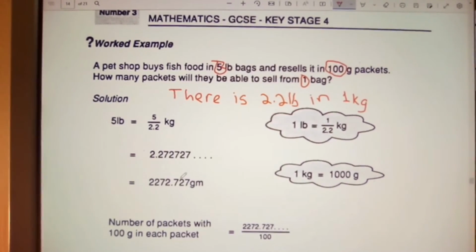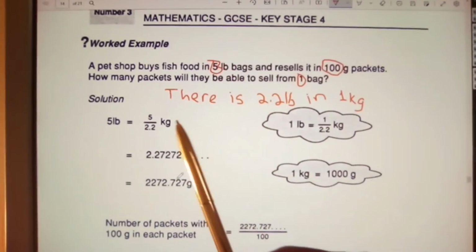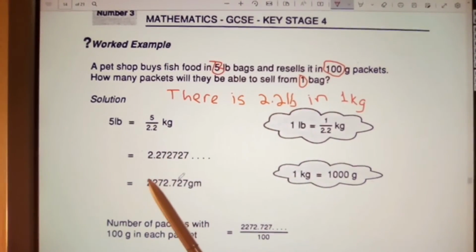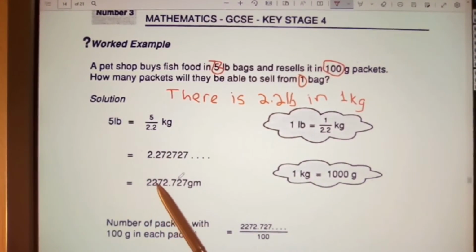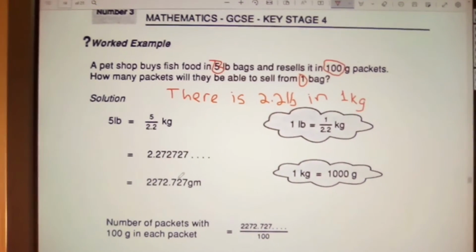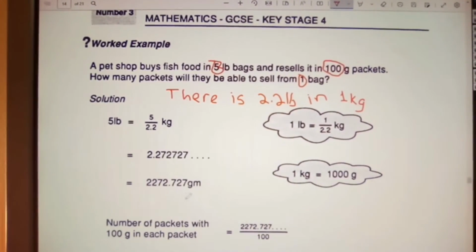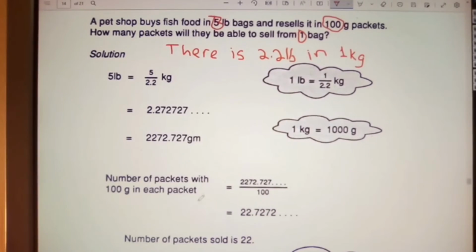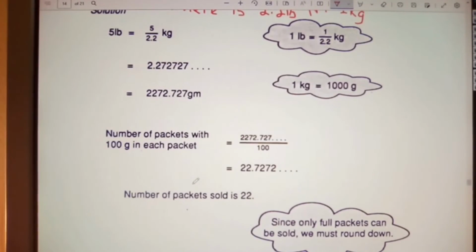So if we move the decimal place 3 places to the right, it'll give us 2,272 grams. Number of packets with 100 grams in each. So we now have 2,272 grams.